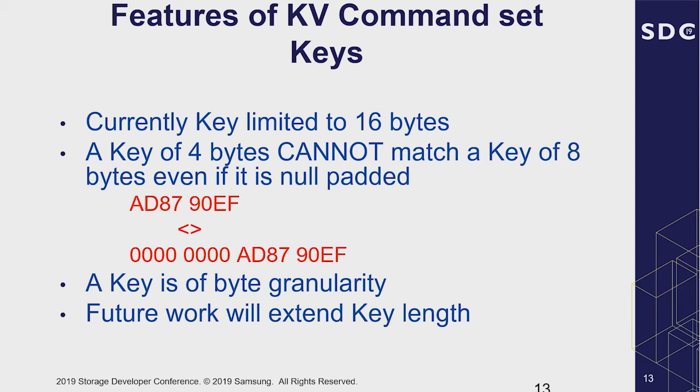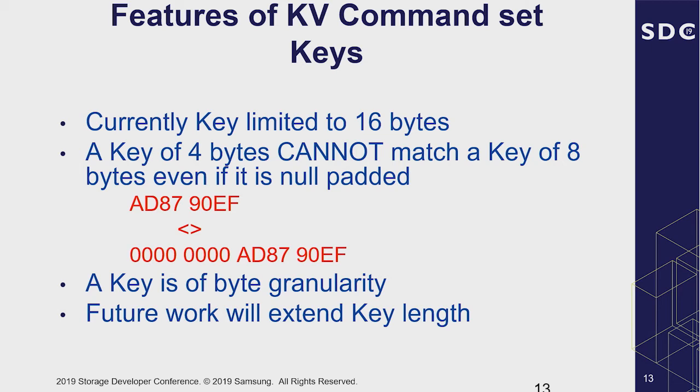We could go to a larger size, but then all commands require that larger size. Doesn't sound like the place we want to go, at least for the first implementation. Most of the customers we've talked to are okay with a 16-byte key. So that fits within the existing command structure without impacting other aspects of that. So currently the key is limited to 16 bytes.